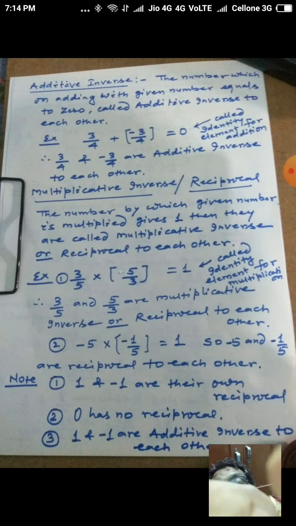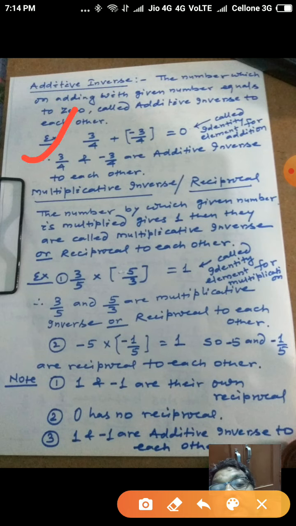For example, the given number is 3 by 4, then we will have a number which on adding to this 3 by 4, the whole will become 0, and that number is minus 3 by 4. It means when 3 by 4 is added with minus 3 by 4, it is equal to 0. So we will say that minus 3 by 4 is the additive inverse of 3 by 4, and vice versa, 3 by 4 is the additive inverse of minus 3 by 4.